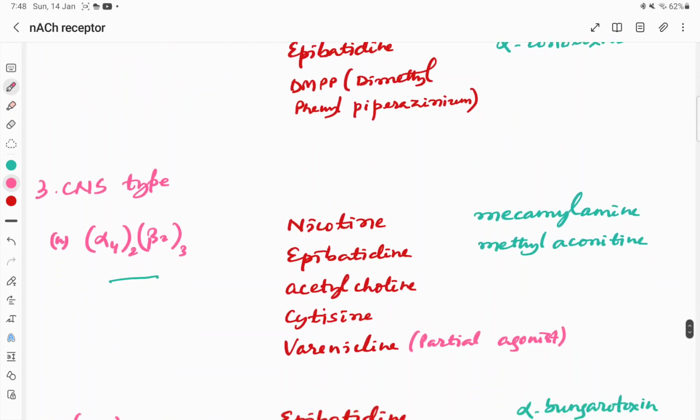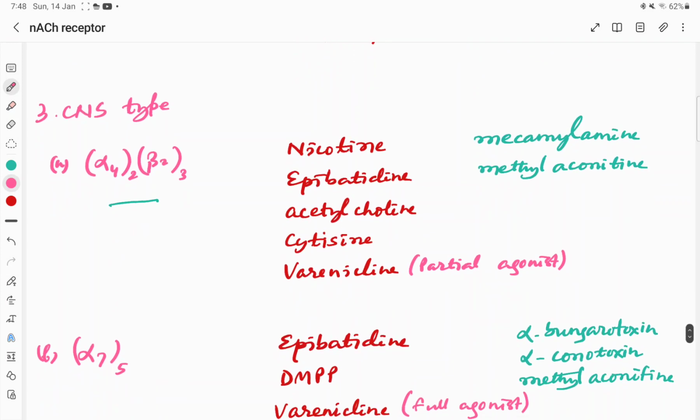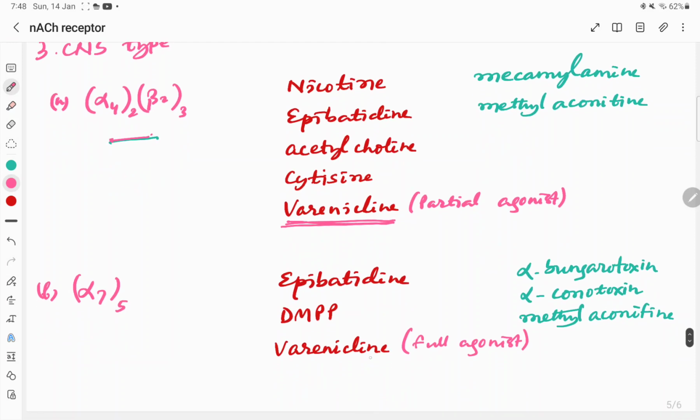So the examples are there, you can note down and remember. Varenicline is one molecule which is a partial agonist of this alpha 4 2 beta 2 3 CNS type nicotinic acetylcholine receptor, whereas it is a full agonist at this alpha 7 5 CNS type nicotinic acetylcholine receptor.